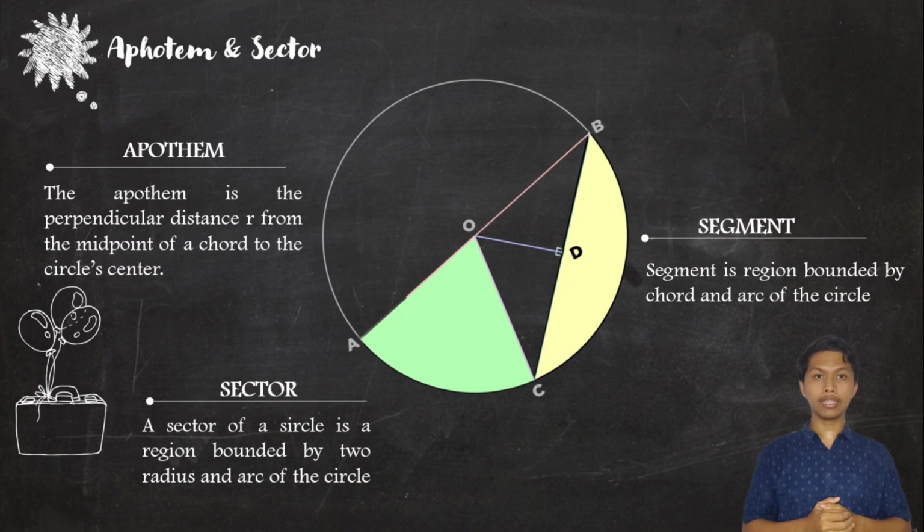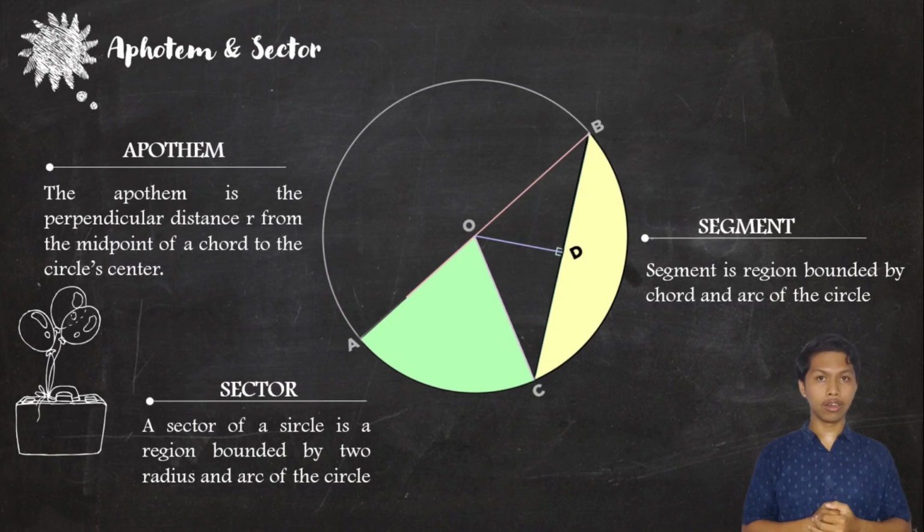At first glance, it looks like a slice of pizza. A sector of a circle is an area bounded by two radii and an arc of a circle. Each sector has an angle between two radii.